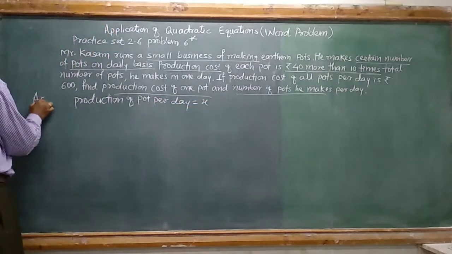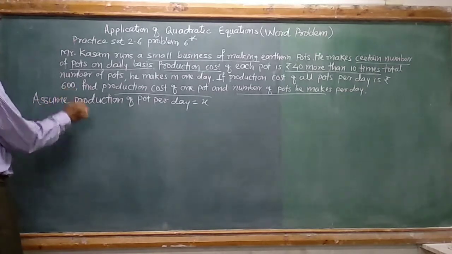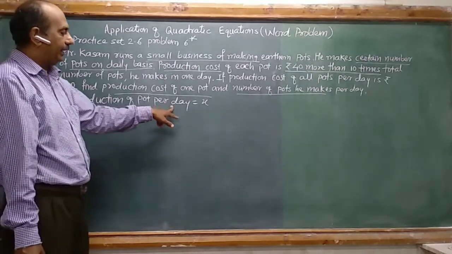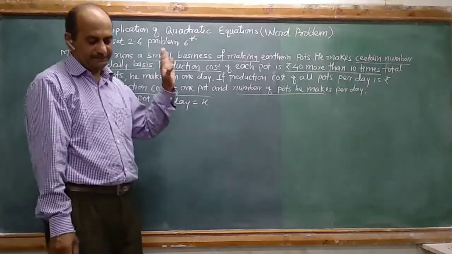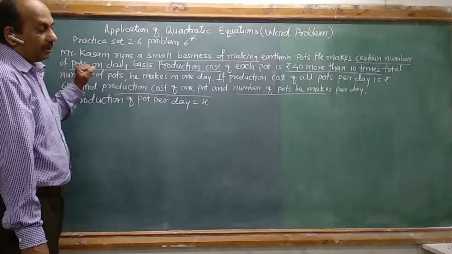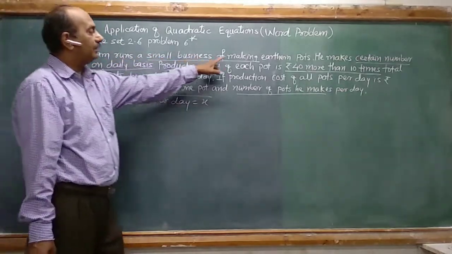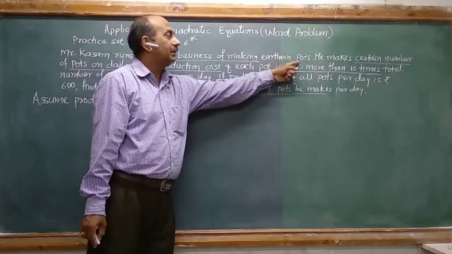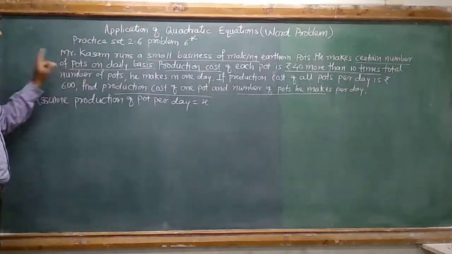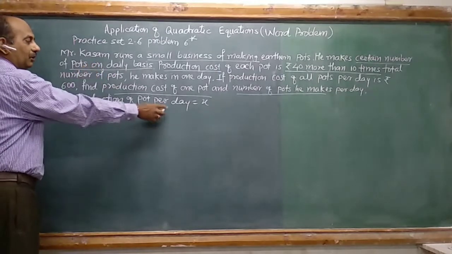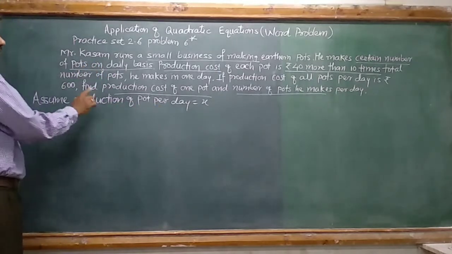So assume this: the production of pots per day is equal to x. Then, once again we will see. Kasam runs a small business of making earthen pots. He makes a certain number of pots per day. So we have assumed a certain number, and that certain number we have assumed as x.